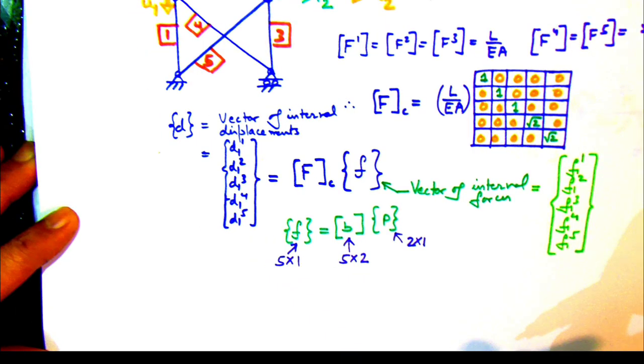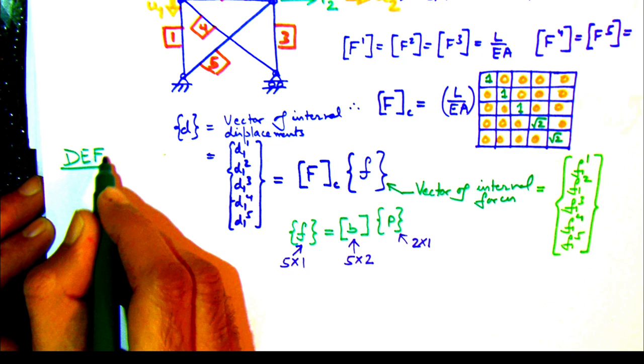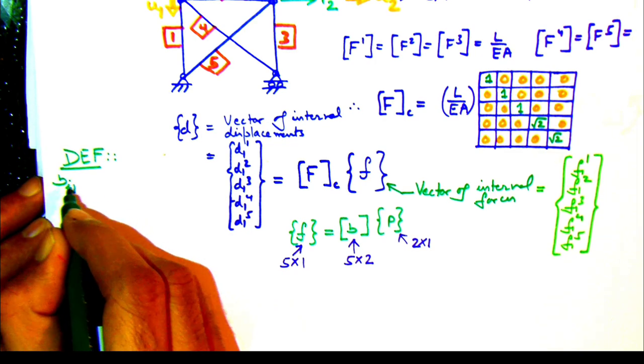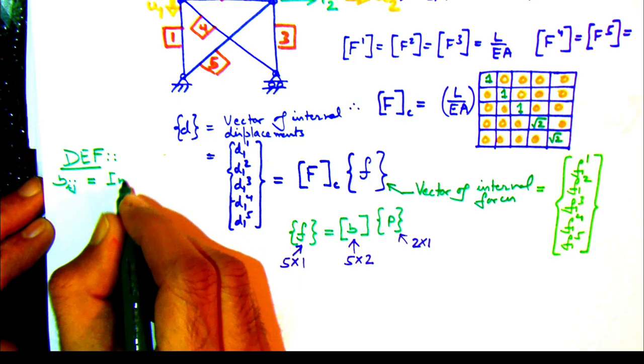Now the next question is, how do we obtain this matrix B? Here we are taking advantage of the fact that right now we are dealing with a determinate structure. So we can define the term Bij on the lines of the previous definitions of, say, Fij.